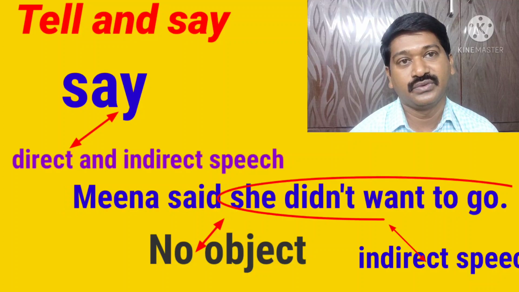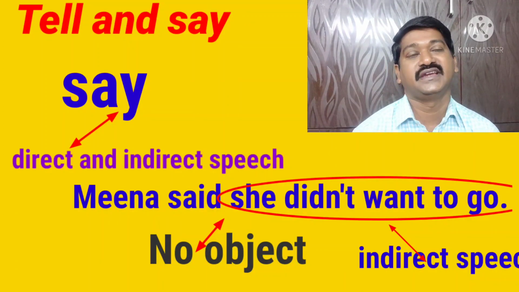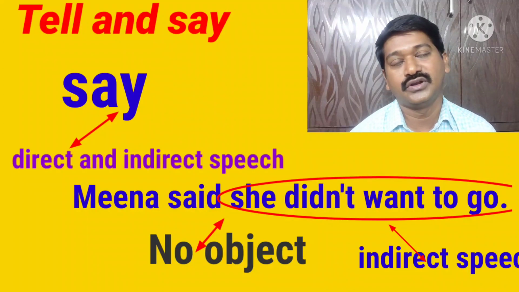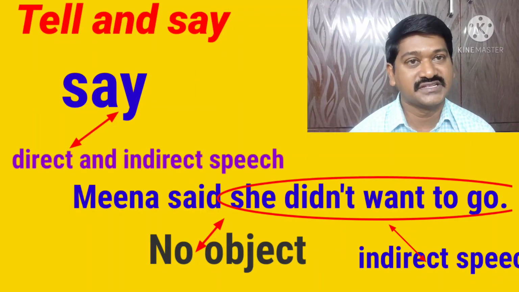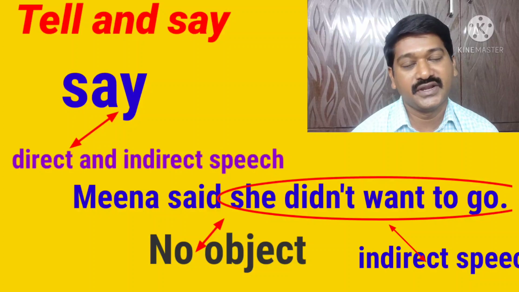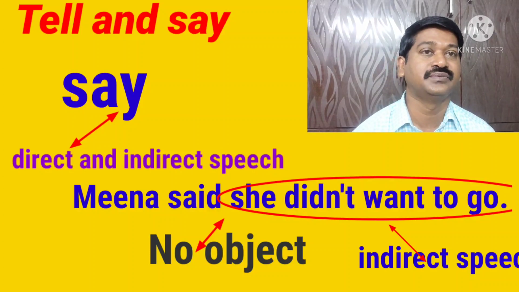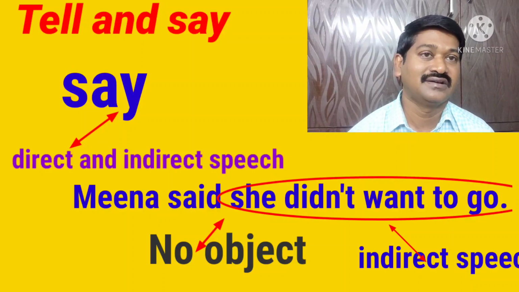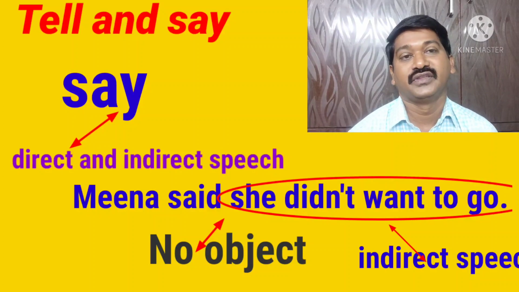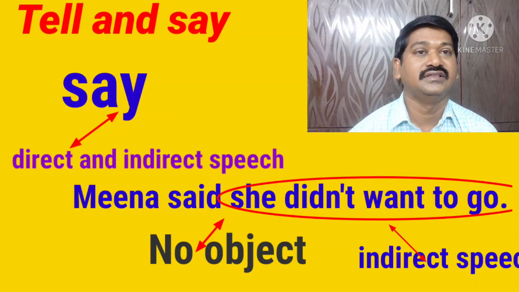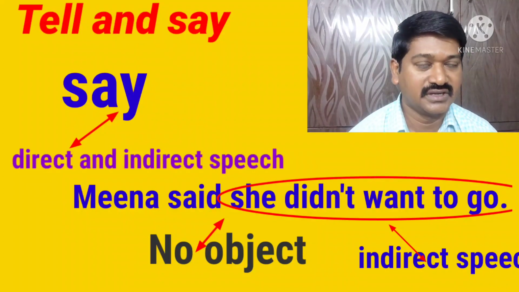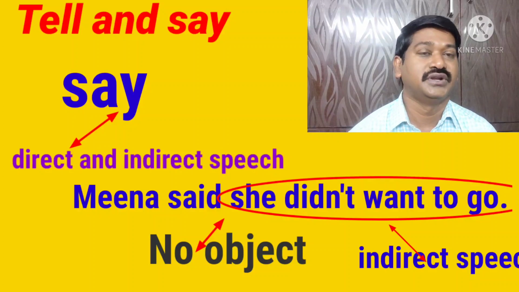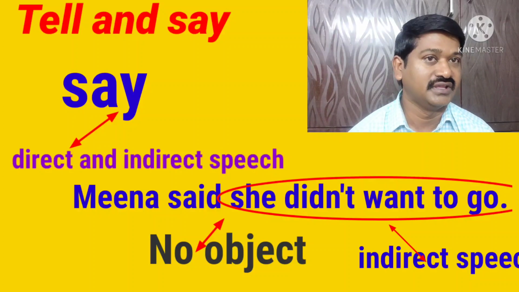Another sentence: Meena said she didn't want to go. Here it is indirect speech. After said, there is no object. So say or said don't want an object, and we must remember that we shouldn't use an object here.